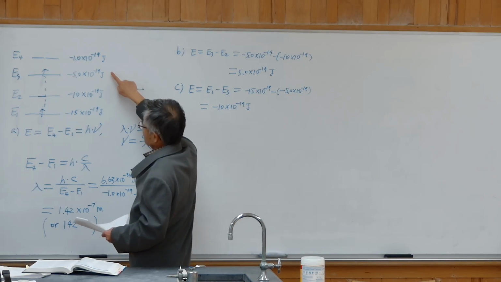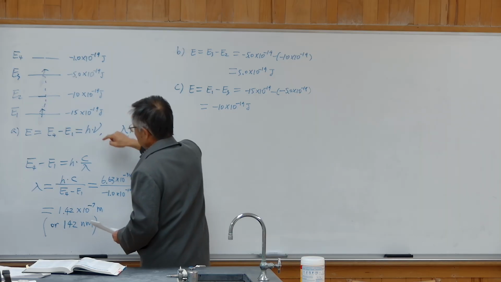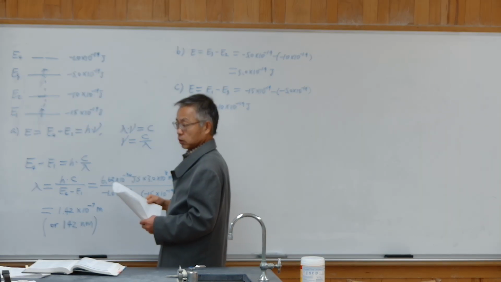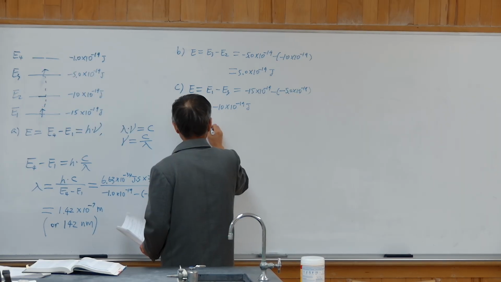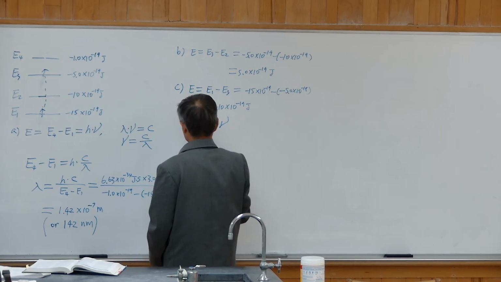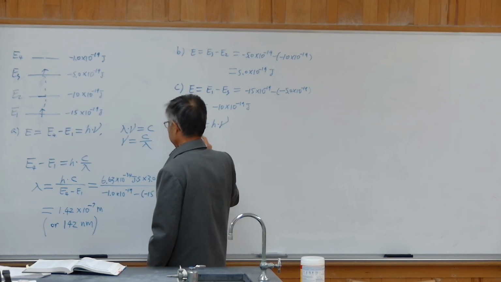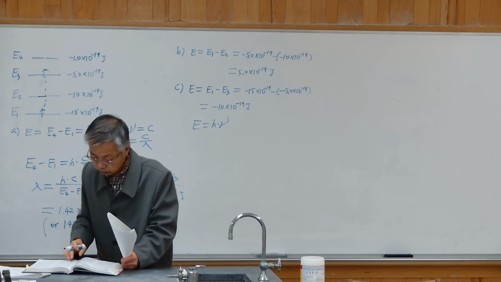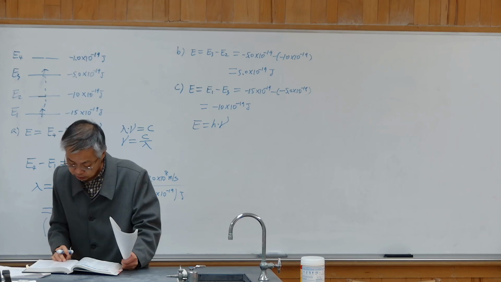So when an electron drops from a higher energy level to a lower energy level, it emits a photon. And this photon's energy comes from, one photon energy is h nu, right? But here it is a wavelength. We need to convert the frequency into wavelength.